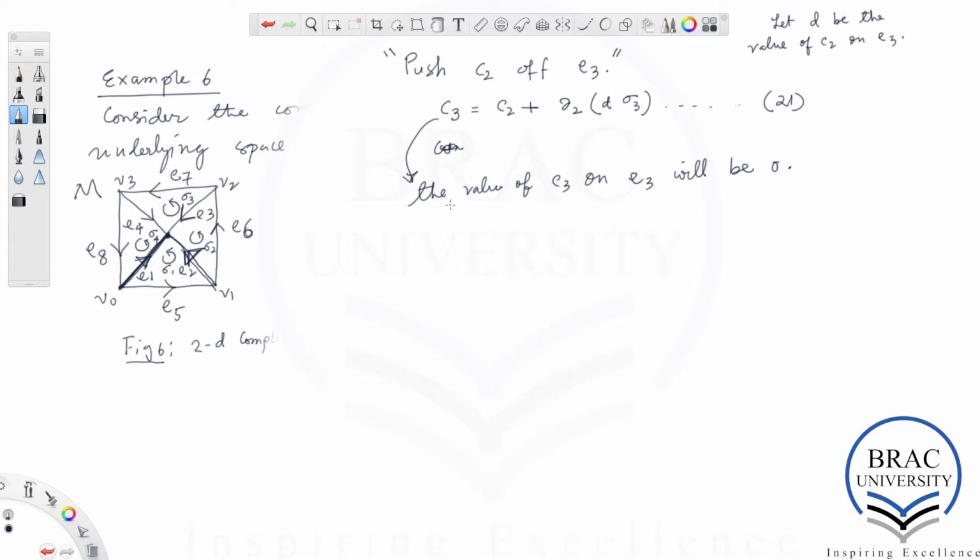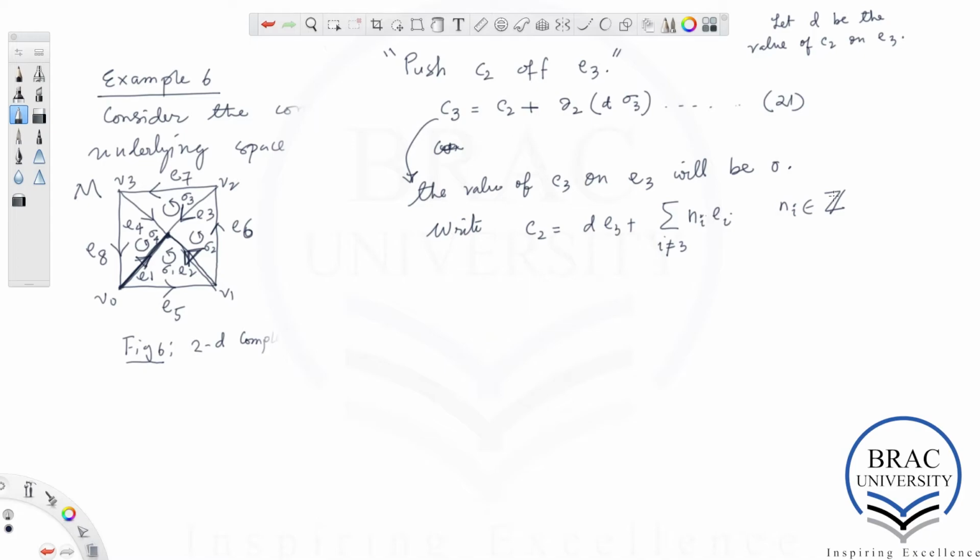Let's see how it works. Write C2, the one chain that we found earlier. The value of it on E3 is D, right? So we write it as D times E3 plus sum of Ni Ei, where I is not equal to 3, because we extracted out the E3 part from this sum, and we want each of these coefficients to be integer, right?